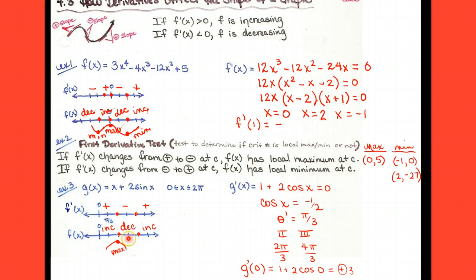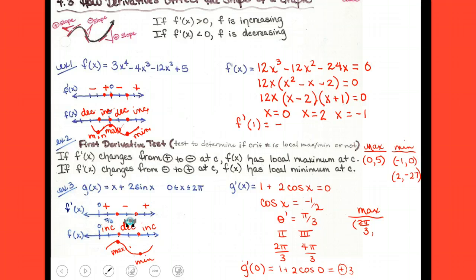Anywhere my original function changed from decreasing to increasing, going down to going back up, there'd have to be a minimum there. And that's what the first derivative test said as well, where the derivative changed from negative to positive, there'd have to be a minimum there. So I'm going to have a maximum at 2 pi over 3, and I'm going to have a minimum at 4 pi over 3.